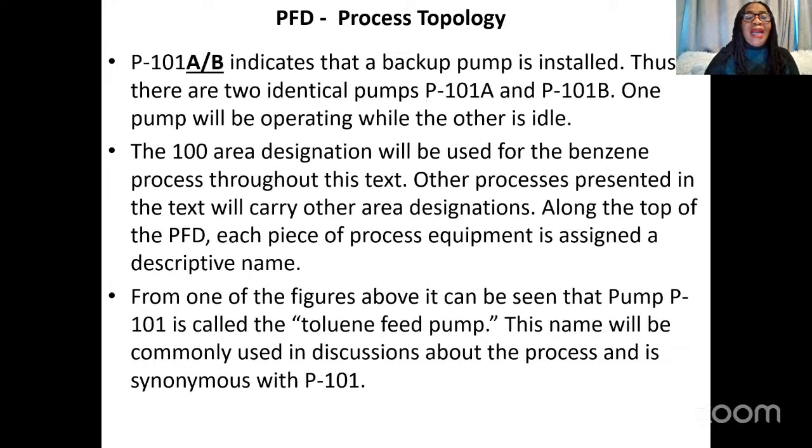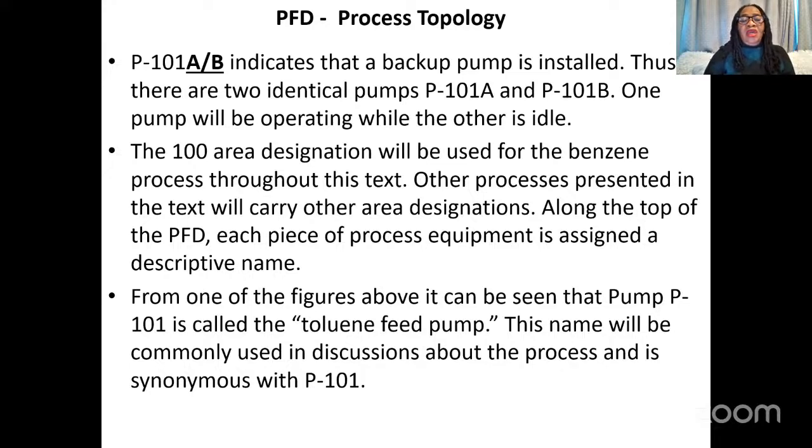Okay. Now, A/B, as highlighted there, indicates that there's a backup pump. So it means there are two identical pumps, pump P101A and pump P101B. So one pump will be operating while the other one stays idle.